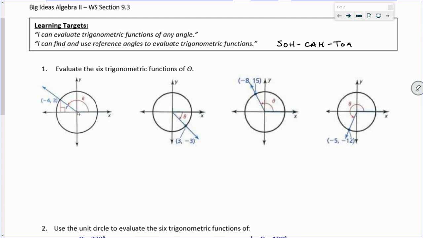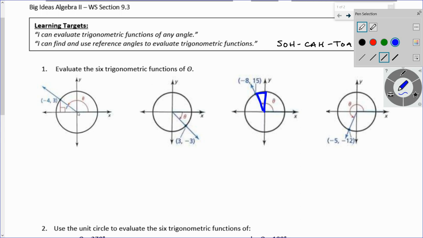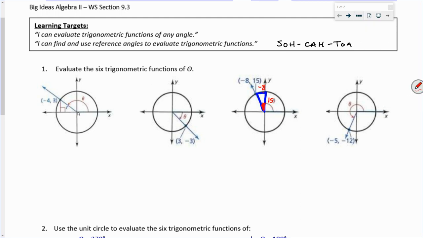All right. So our first step, if you're remembering right, is to complete this triangle here, and notice where our reference angle is going to be. It's going to be right here. 15 high, -8 back.